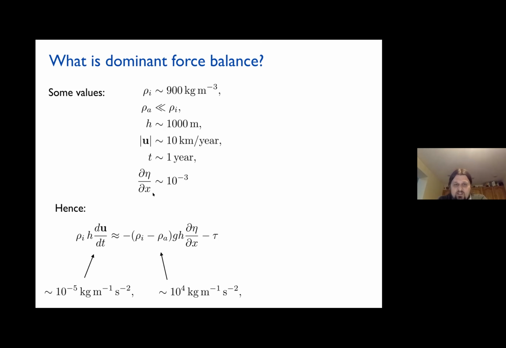So if you take these numbers and plug them in with an estimate of gravity, just to give you rough order of magnitude estimates. This basal stress is quite hard to fully estimate, but you can calculate the other two terms in the equation.